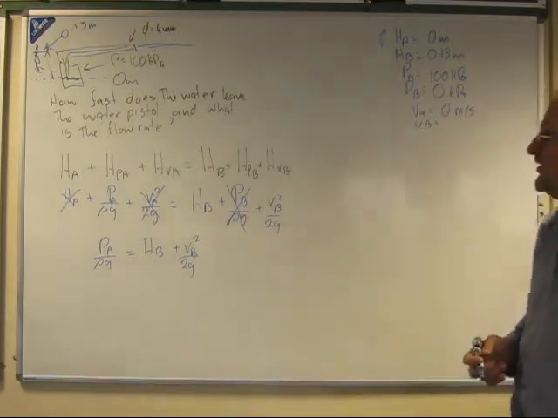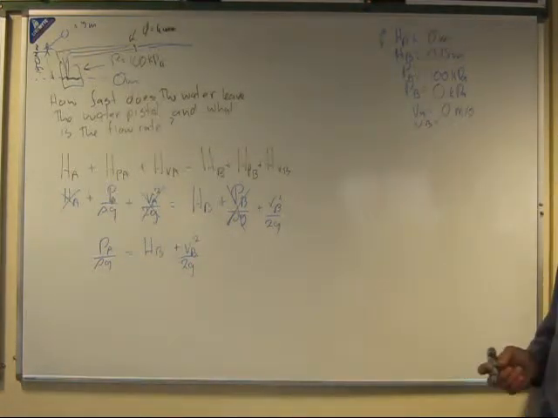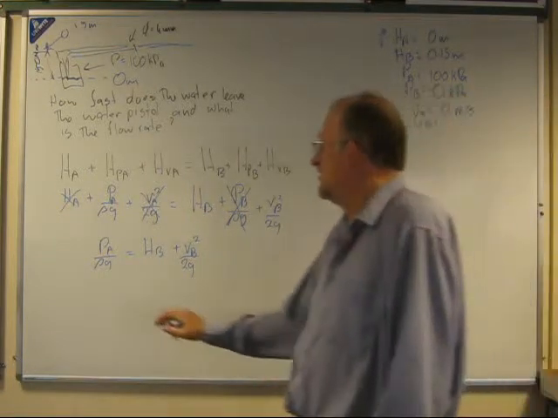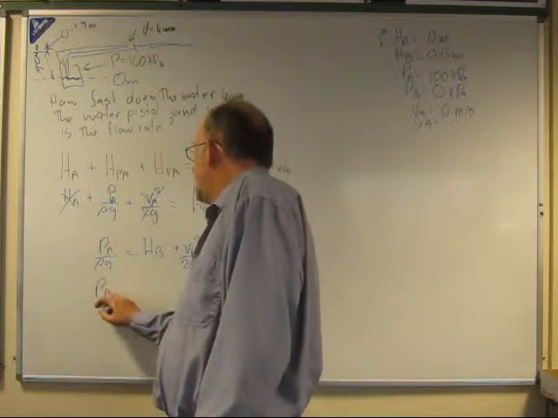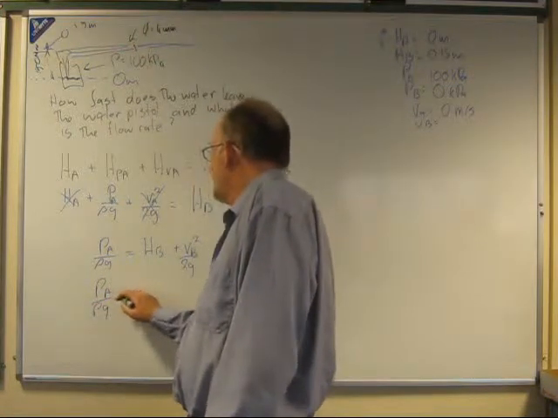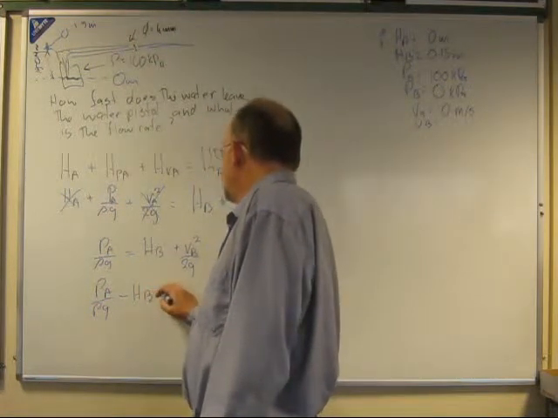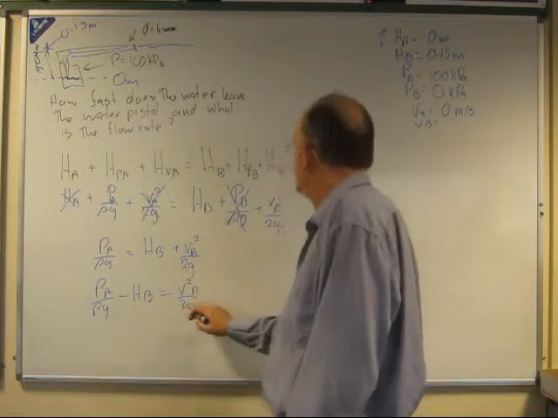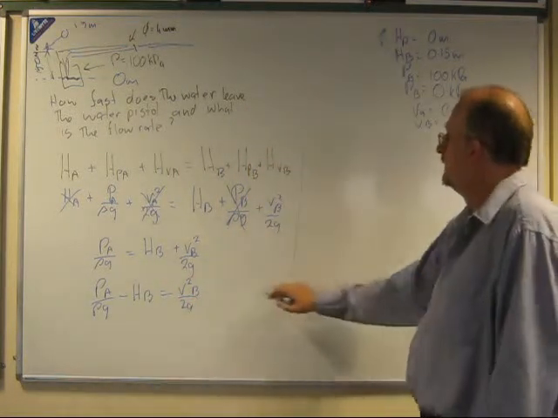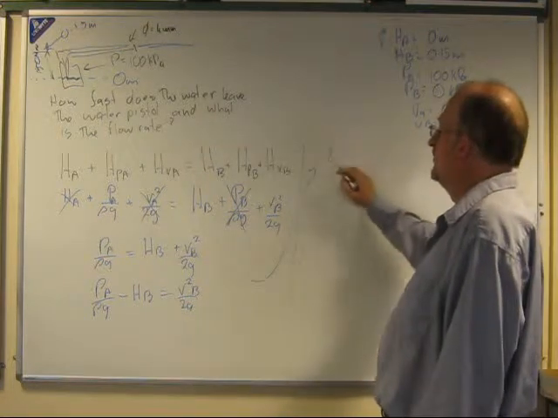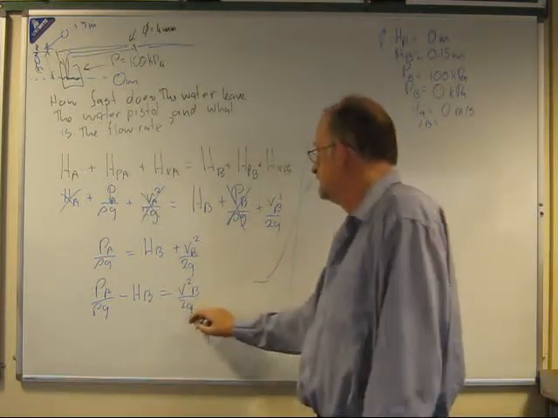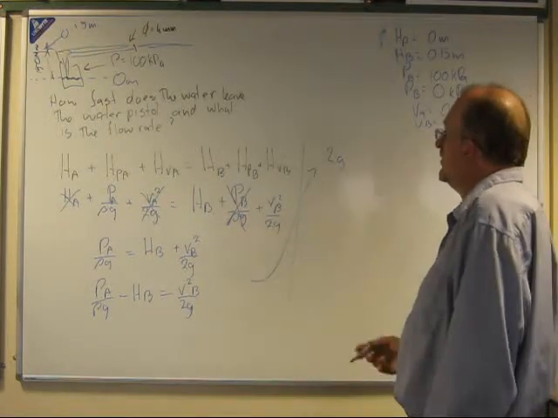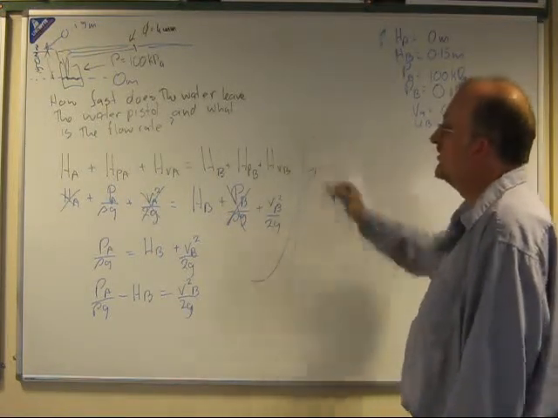So I want to find the velocity. What I might do is I might just cheat now. It's not actually cheating. Let's do this. PA over rho G minus HB is VB squared over 2G. So let's just put some numbers in.